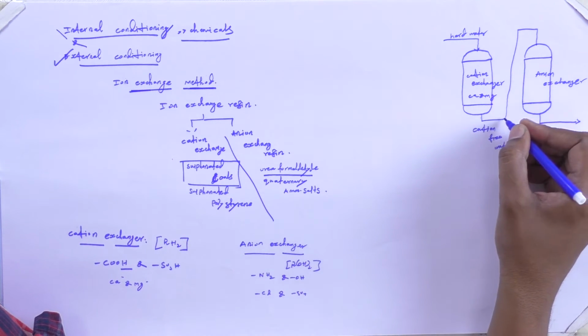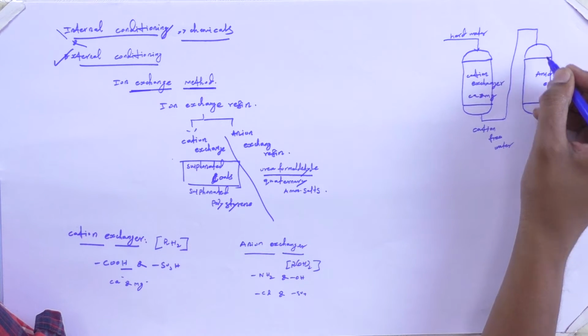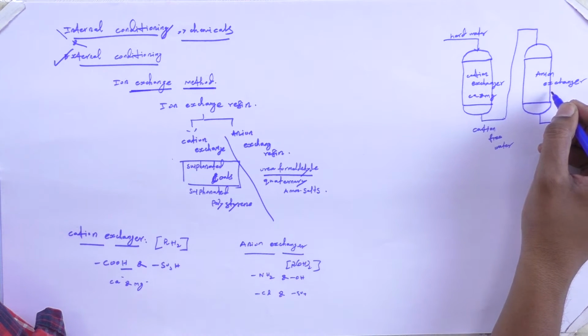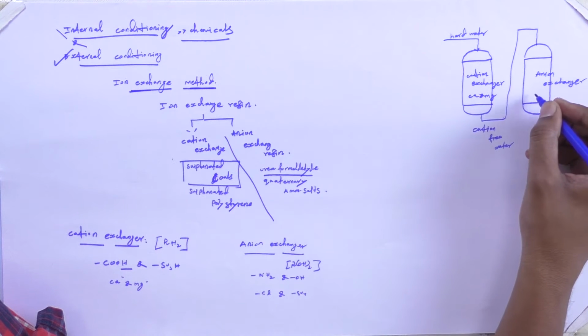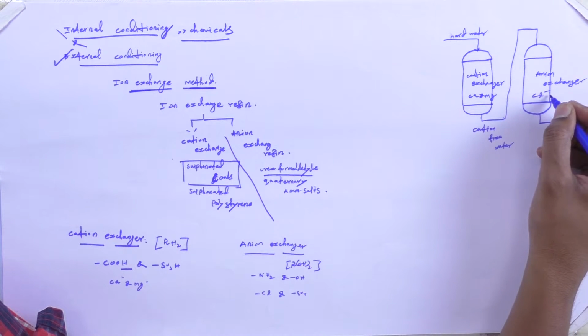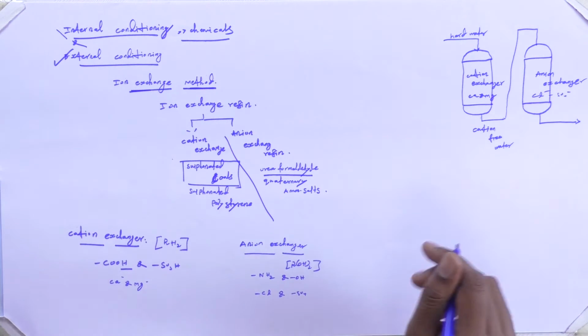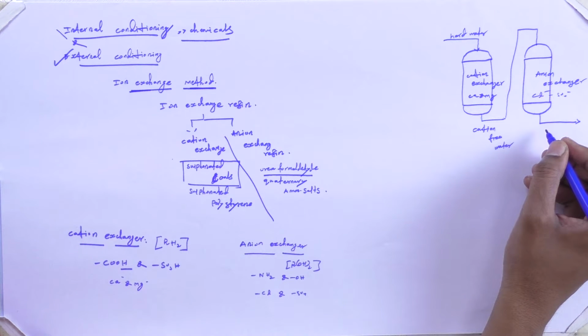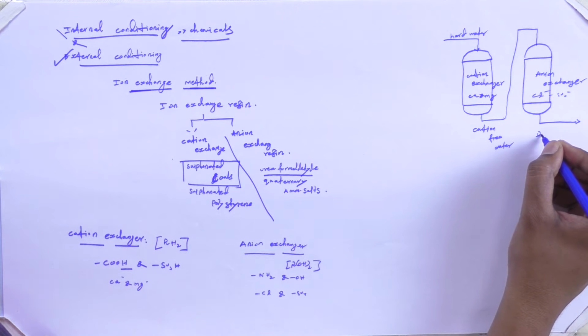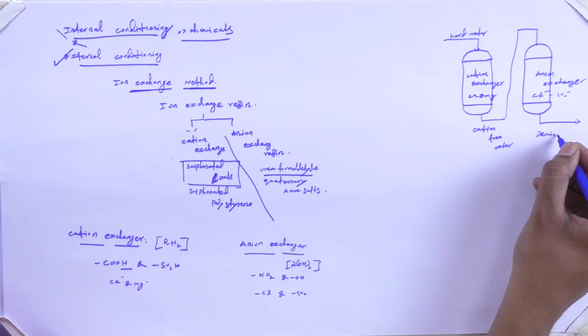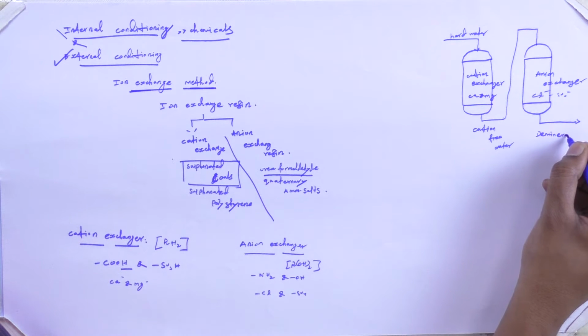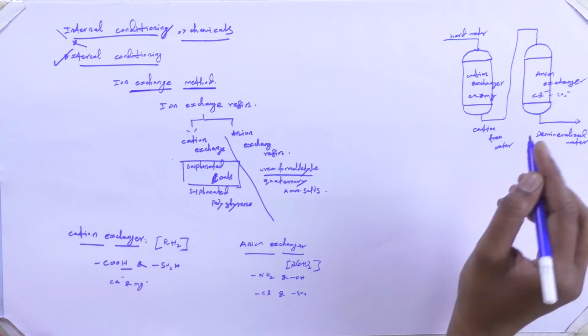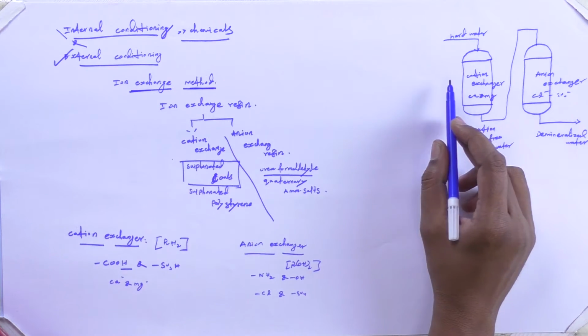This water is sent to the second column, where the anion exchange resin removes the anions like chloride or sulfates. So finally we get demineralized water. In the first column we remove the cations and in the second column we remove the anions.